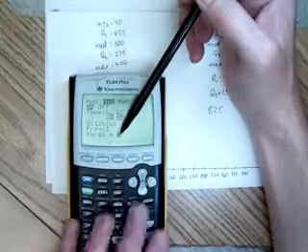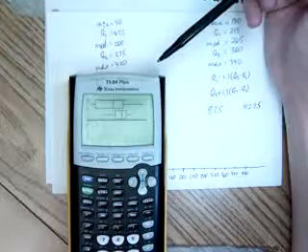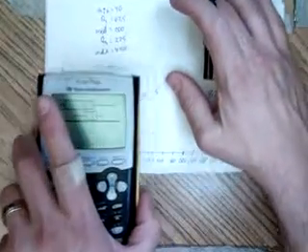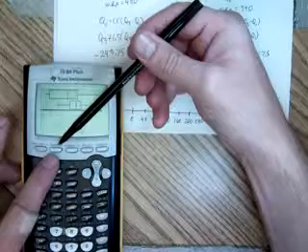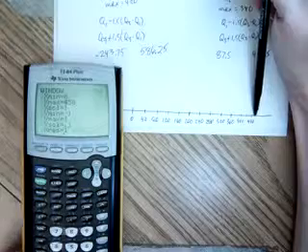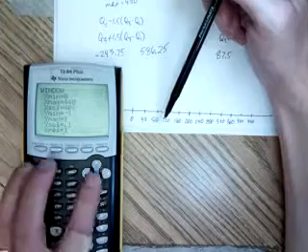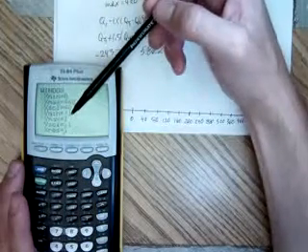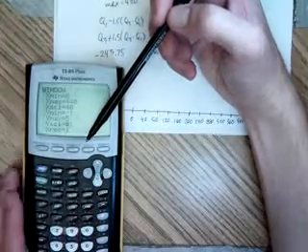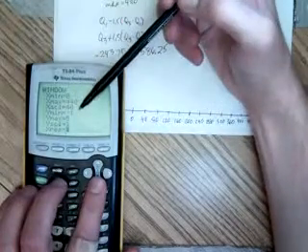So let's start with, I guess we could start with 0, 80, 120, 160, 200, 240, 280, 320, 360, 400, and 440.